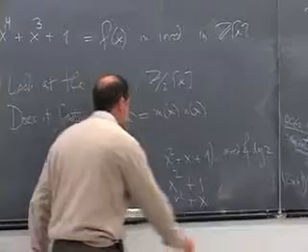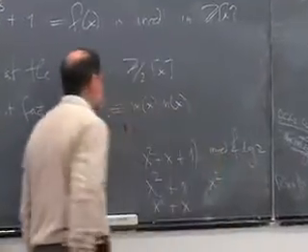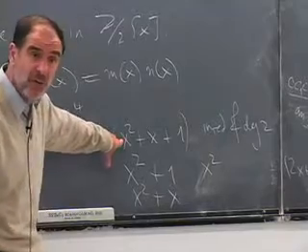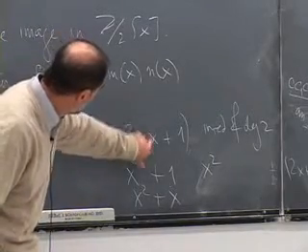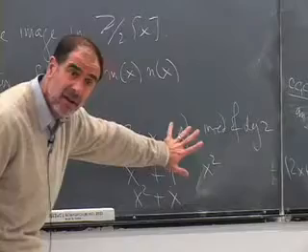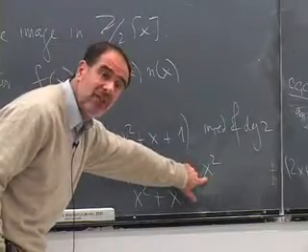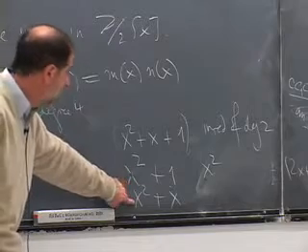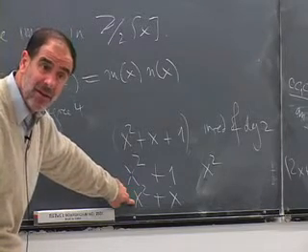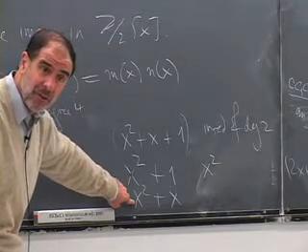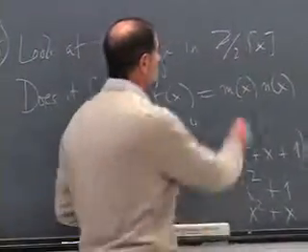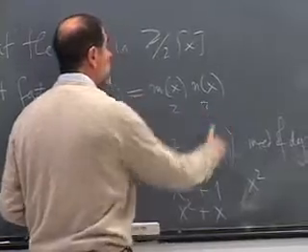Or just x squared. Those are the 4 polynomials of degree 2 because it has to start off with the coefficient 1. So you have a choice of 0 or 1 here or 0 or 1 here. That's it. This clearly has a root, x equals 0. This clearly has a root, x equals 1. And this has a root, x equals 0 and x equals 1. So they're not irreducible. So if I factored, we already agreed it had no linear factors, so if it splits 2 and 2, these would both have to be irreducible of degree 2.